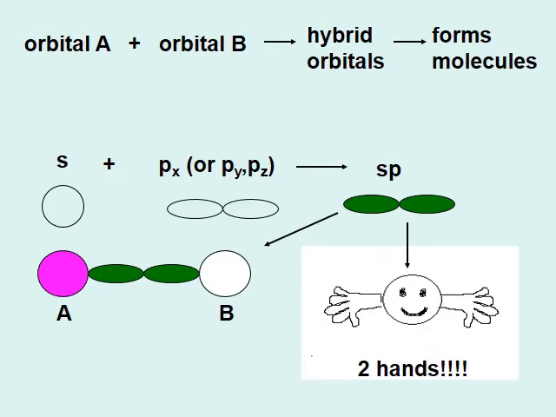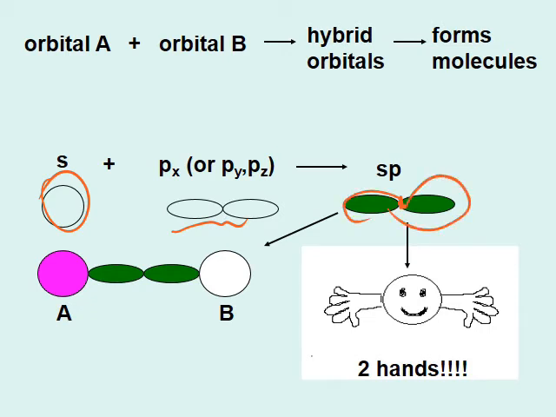Here you see the actual hybridization based on the shapes of different orbitals. This s orbital is spherical, and this is px, having 2 lobes on 2 sides. An sp hybrid is basically 2 hybrid orbitals, one is this one, the other one is this one.